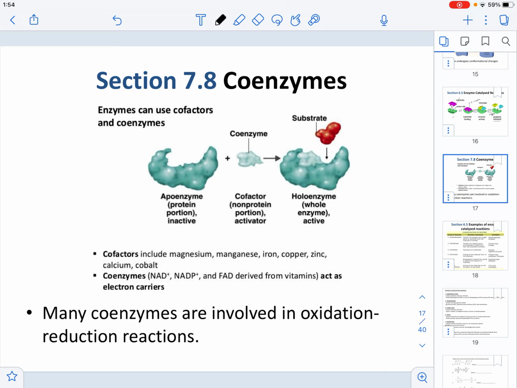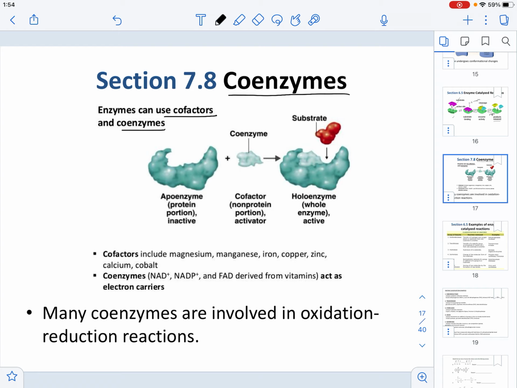So in section 7.8 in the textbook, there is a discussion about coenzymes. Understand that some enzymes, not all, are going to utilize coenzymes or cofactors in order to be able to catalyze reactions.